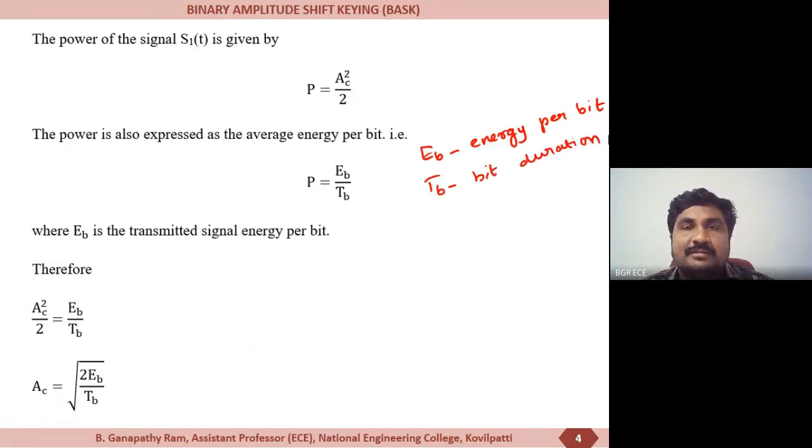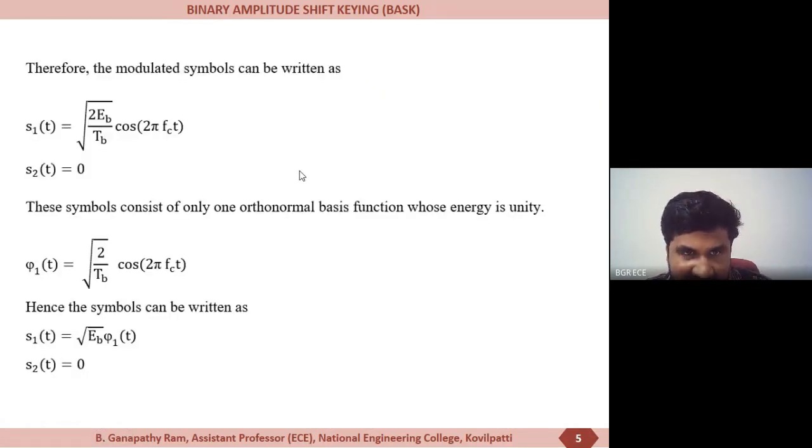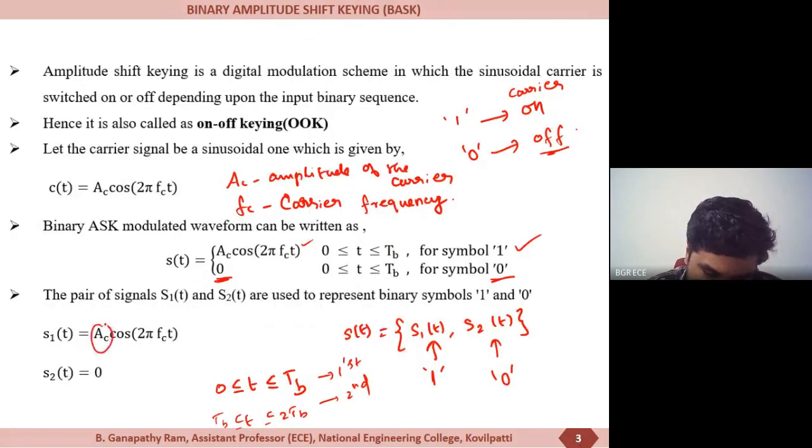So power can also be represented as the ratio between Eb and Tb. If you equate these two expressions, Ac square by 2 and Eb by Tb, we can write Ac square as 2Eb by Tb, and Ac as the square root of 2Eb by Tb. Hence, this Ac can be replaced by the square root of 2Eb by Tb.